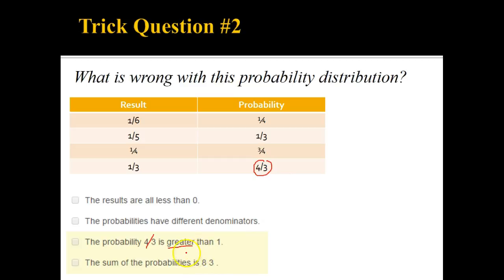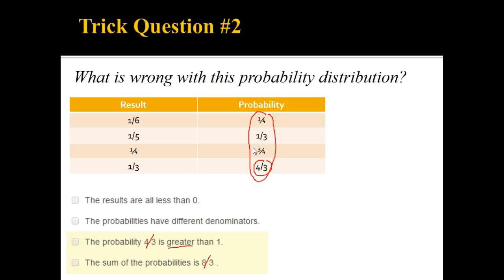So that's one problem. And then the last problem, the last statement, the sum of the probabilities is 8/3, and that is true. The sum of these probabilities as given here is 8/3 if you were to add all these up, and I'm not going to expect you to do that. You don't have to add them up. But remember that when you do add up the probabilities in a probability distribution, they have to add up to 1.